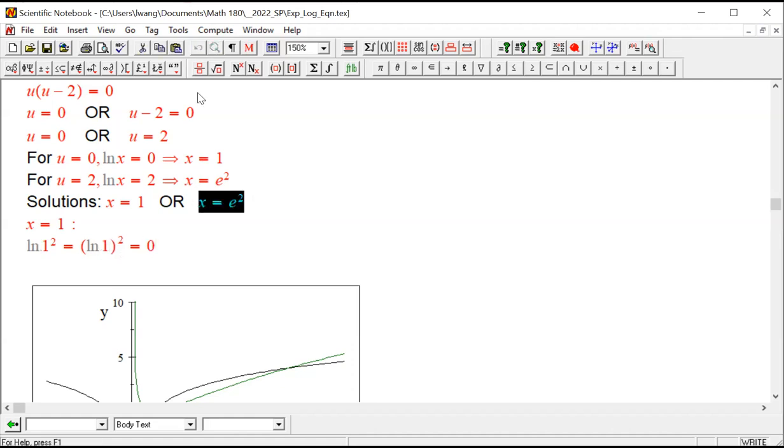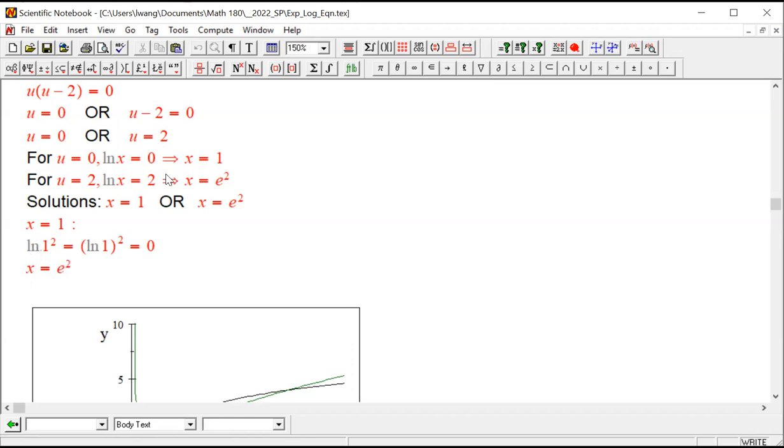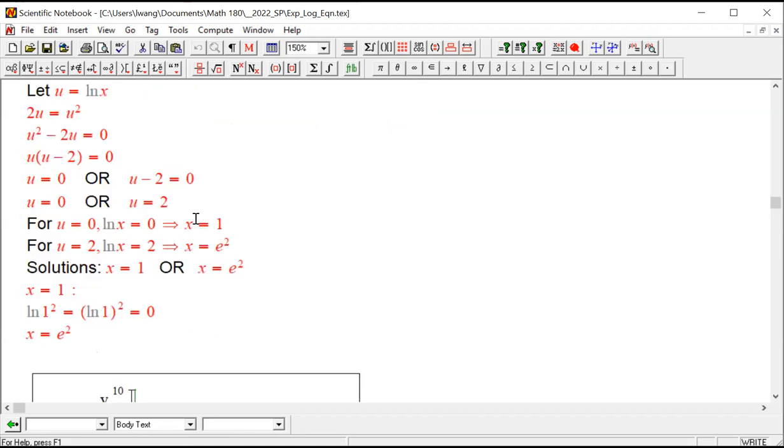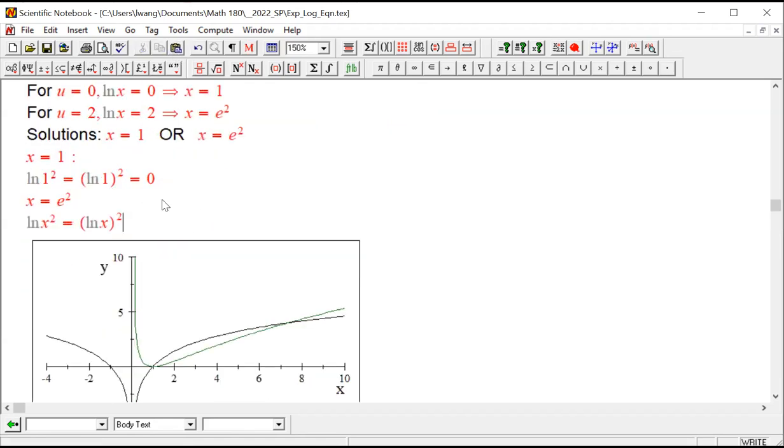For x equals to e squared, right? And what is the output? I will show you guys how to show work. Okay, don't worry about this, right? And we have a summary. So this is going to be e squared. Okay, x is e squared. So this is x is e squared.